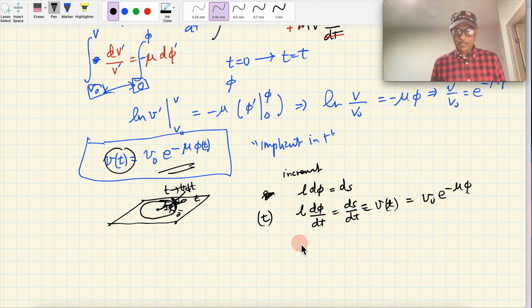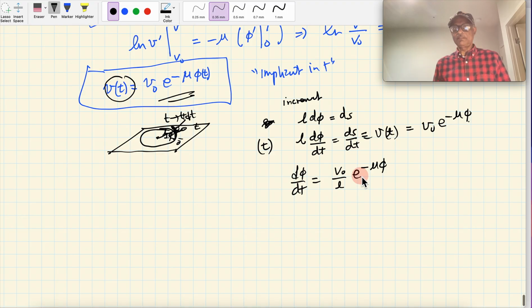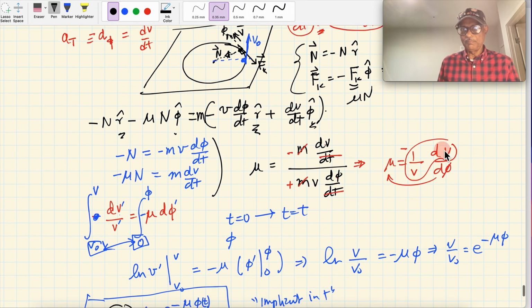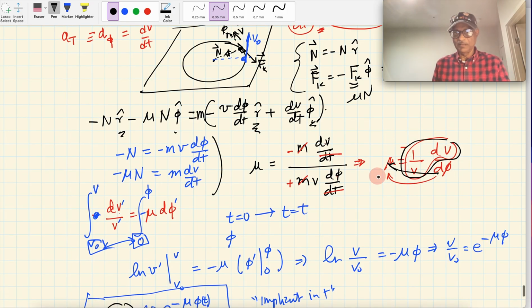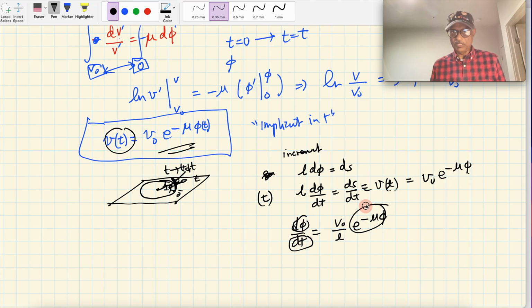So how do we solve this? d phi/dt is v0 over L times e to the minus mu phi. How do you solve this? Well, this is again just like over there: we put these together, the t's on one side and the phi's on the other side.